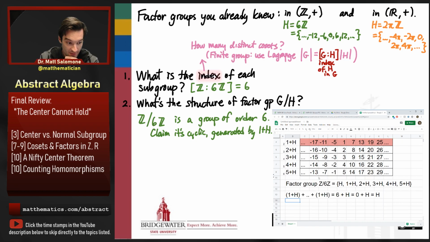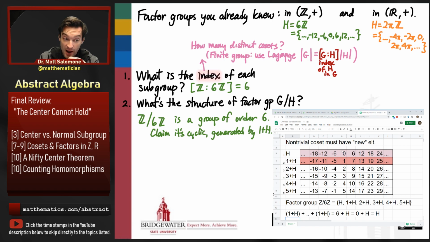And so once I have added 1 plus H to itself 6 times, I come back around to H, which is the same thing as the identity element in the factor group. So that must mean that Z mod 6Z is isomorphic to, it's really, quote unquote, the cyclic group of order 6 that we otherwise know in our course as Z mod 6.